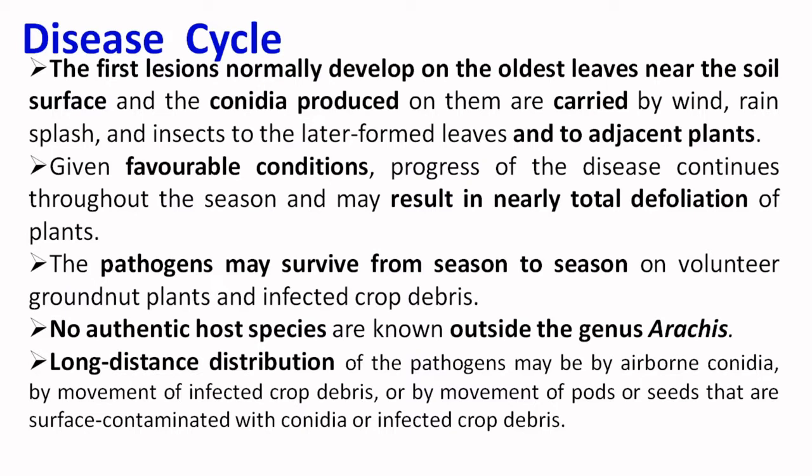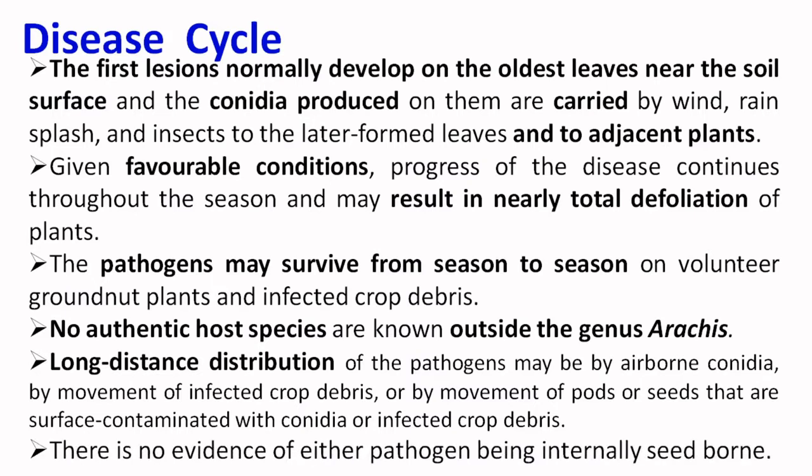That means by movement of infected crop debris, or by movement of infected pods or seeds that have surface contamination with conidia. There is no evidence that the pathogen is internally seed-borne, so such evidence is lacking in this area.